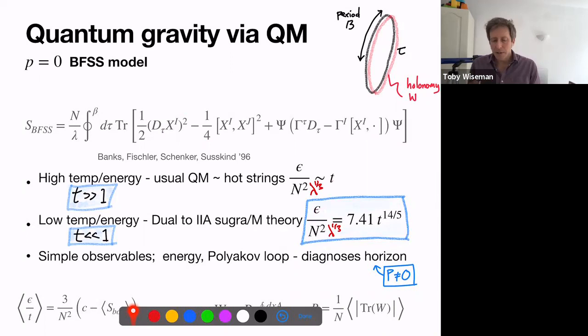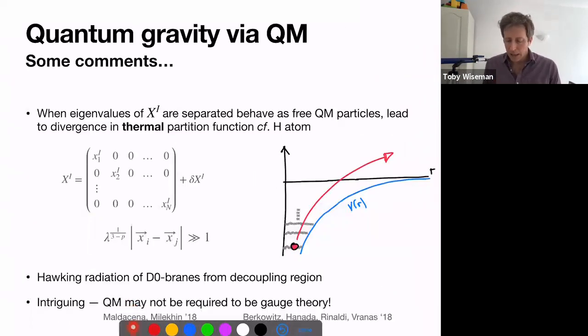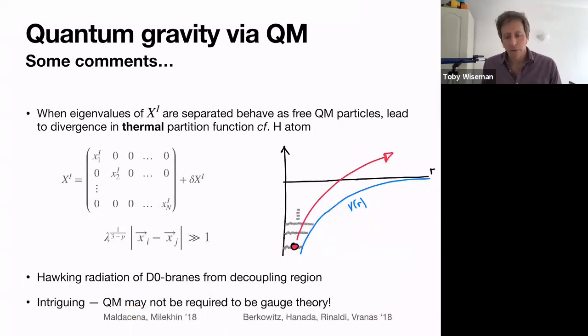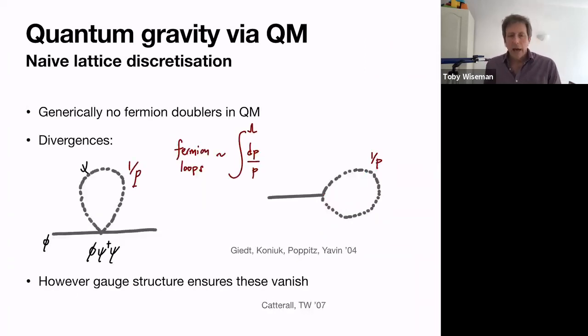The idea is that the non-singlet states are very massive, and so they're associated to changes in the UV of the geometry, but that's not what we're interested in. We're interested in the IR, where the supergravity is good, and so his claim is that that's not affected. Killing the gauge field doesn't change things. And there's some recent numerical evidence, around the same time, by Berkowitz and Hanada and collaborators, confirming this. So I think that's very interesting.